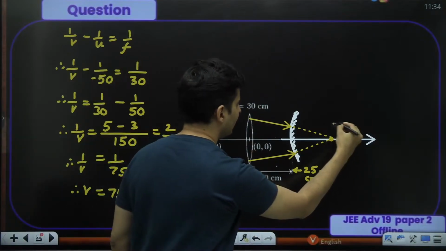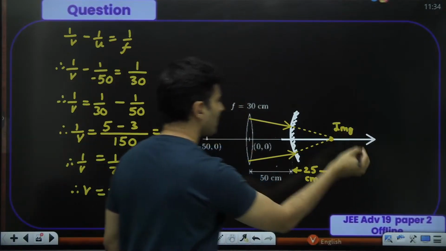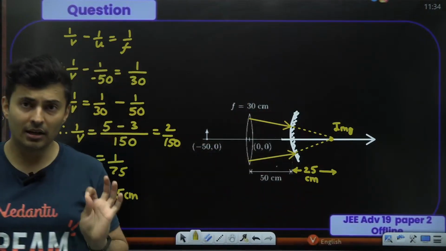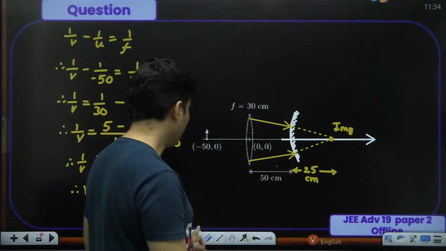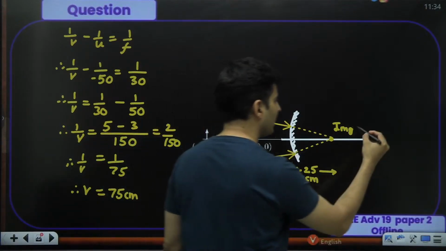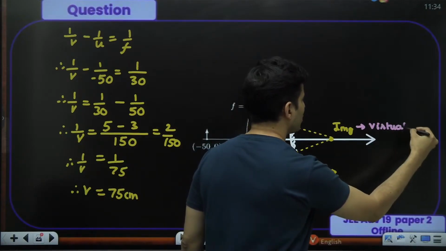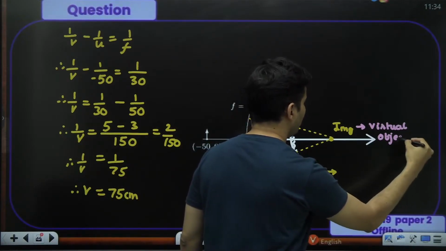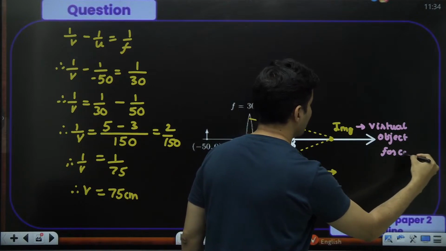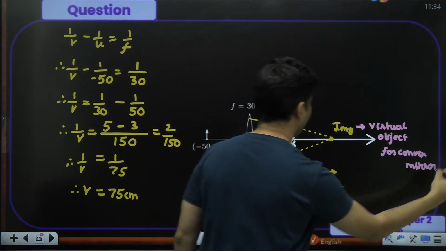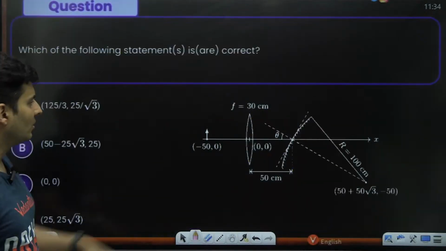So this is where the image is going to be formed. But that image will act like an object for the mirror. So this image will now become a virtual object for the convex mirror. That was a convex mirror.